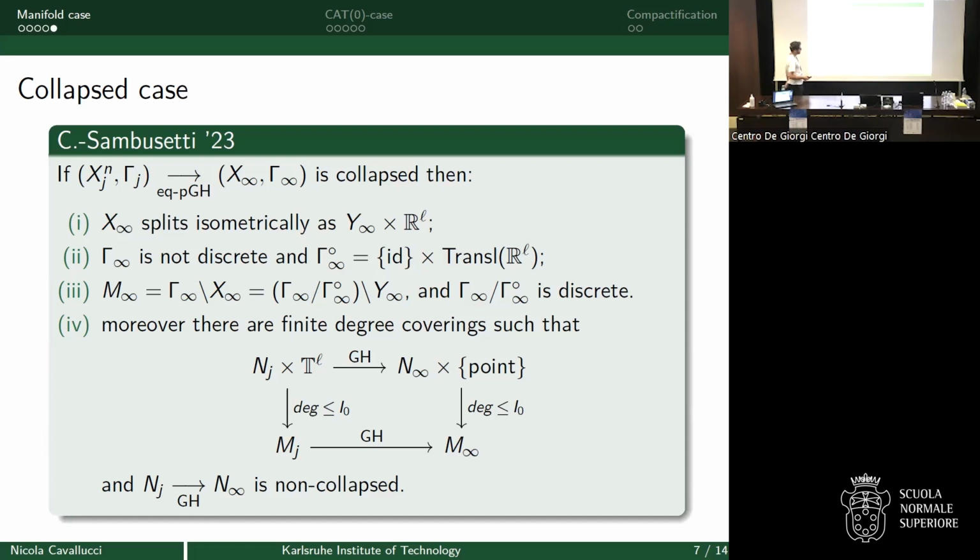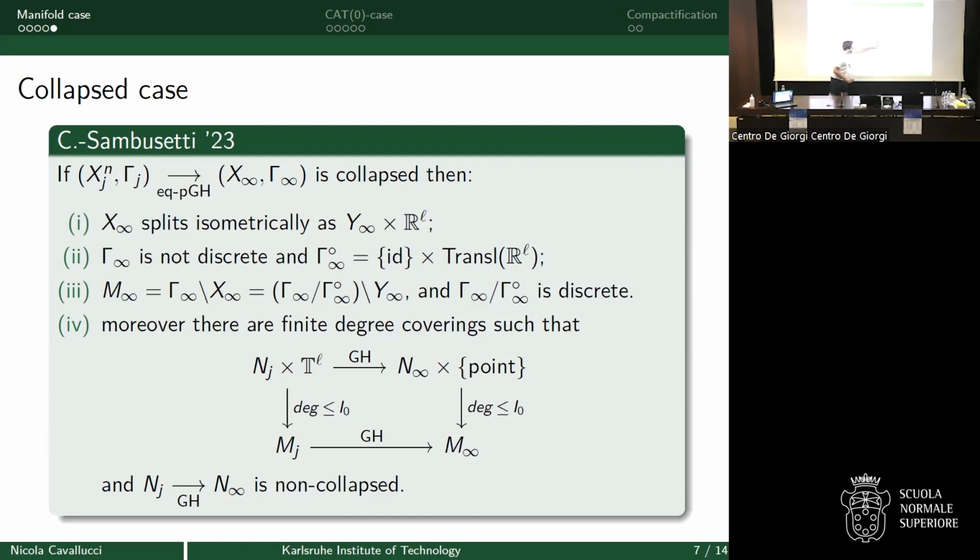Maybe it's more geometric in the quotient. So we have our sequence of manifolds that are converging to the limit space, and there is a finite cover, of bounded degree, which splits metrically as something times a flat torus. And these manifolds converge to M infinity times a point in the following sense.